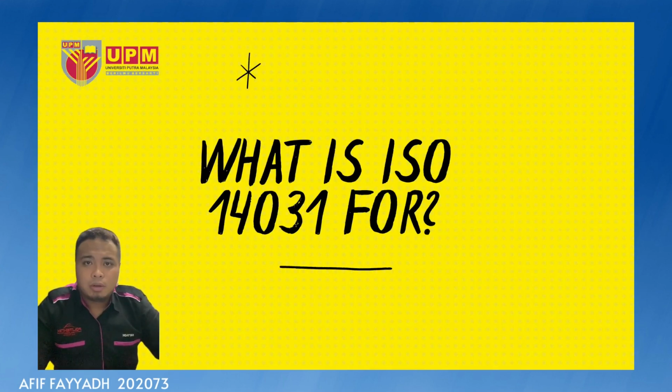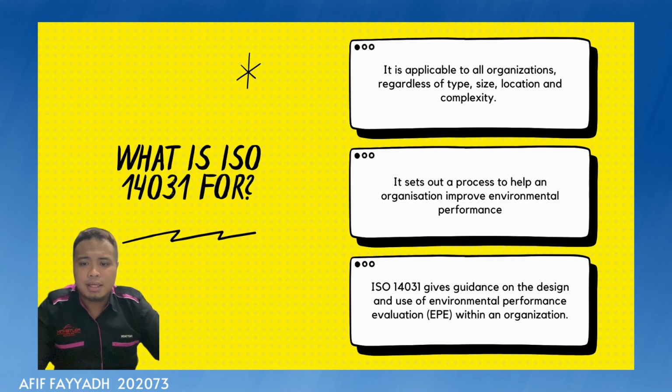What is ISO 14031 for? It is applicable to all organizations regardless of type, size, location, and complexity. This document does not establish environmental performance levels. It is not intended for use for the establishment of any other environmental management system, which is EMS, conformity requirements. It sets out a process to help an organization improve environmental performance.